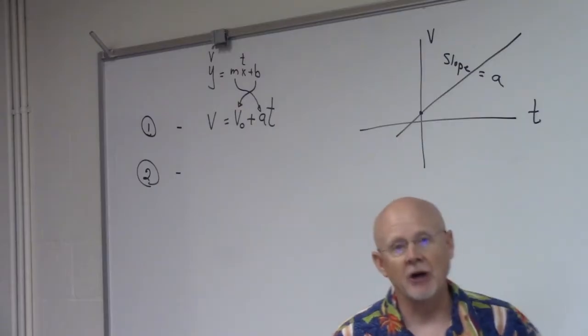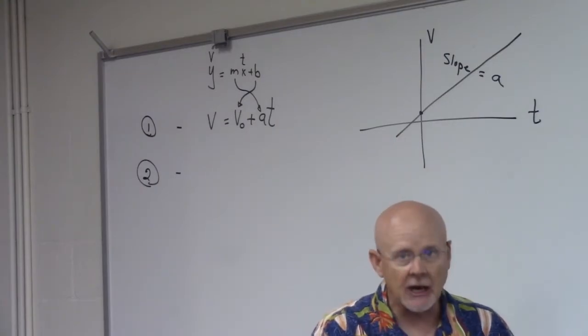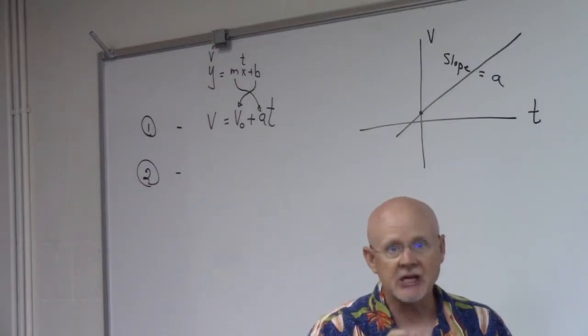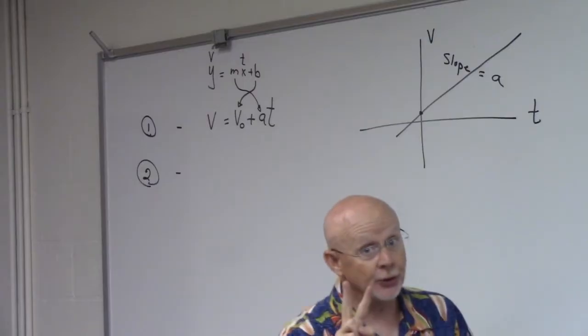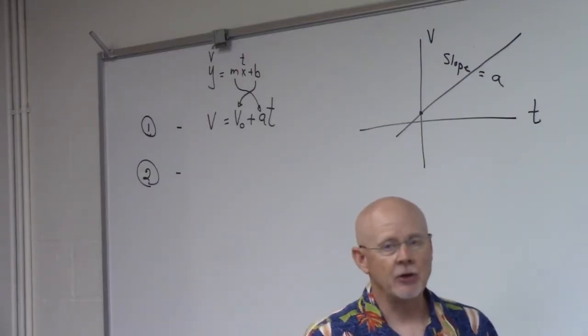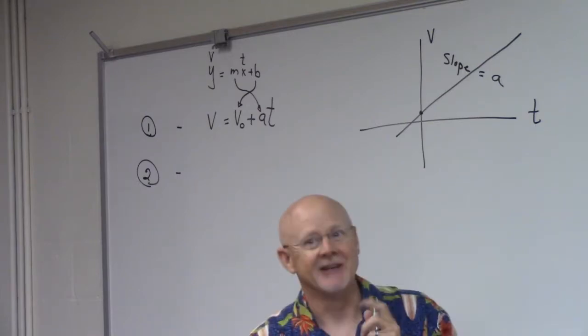And that's the fun part of this lab. So again, we will hopefully make some measurements of a falling object, and we will be able to say, 1, it's a constant acceleration, and 2, it has a value of 9.8, or at least near 9.8.